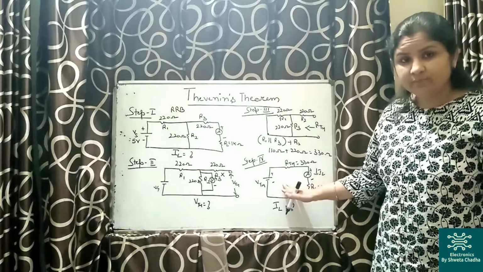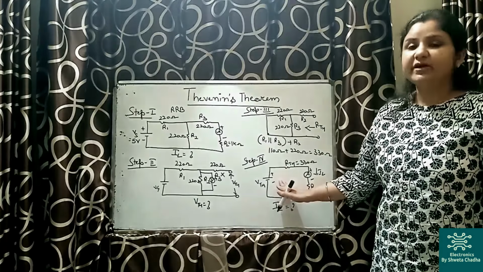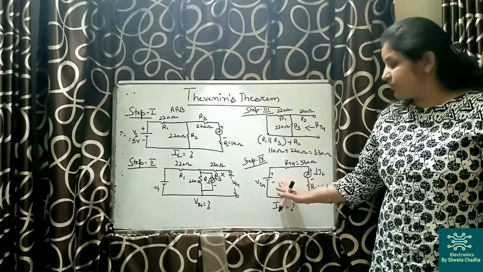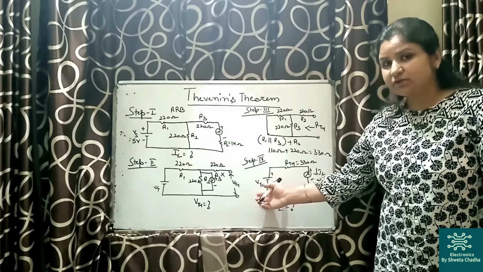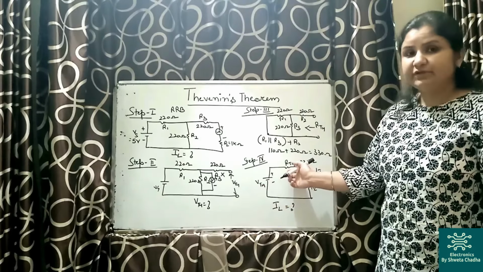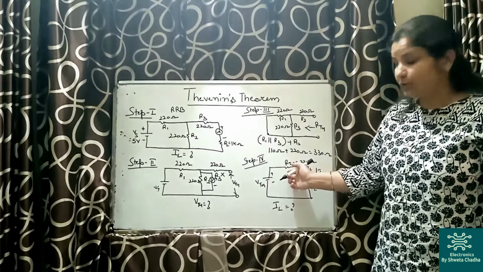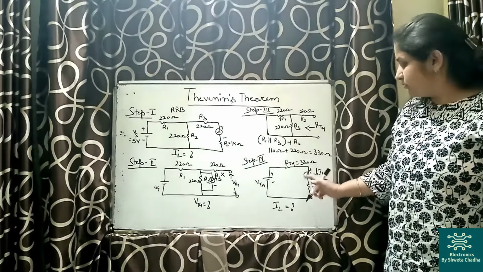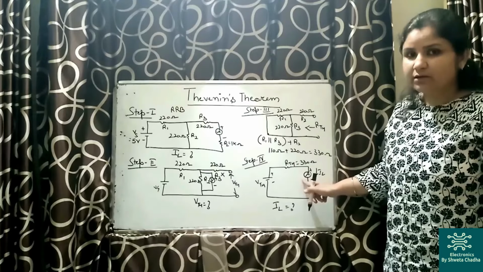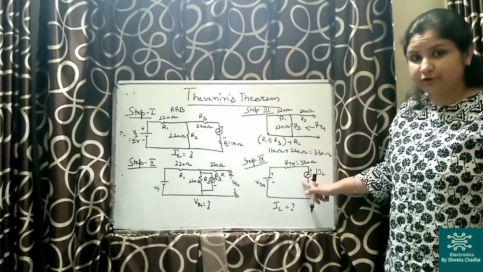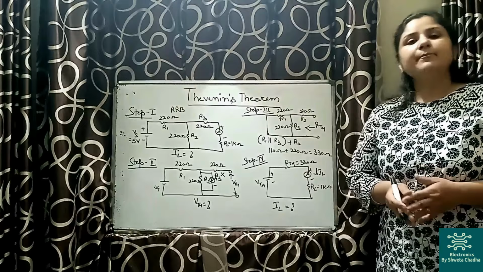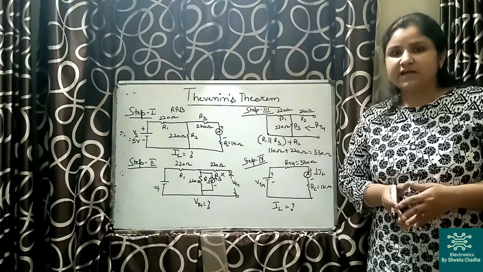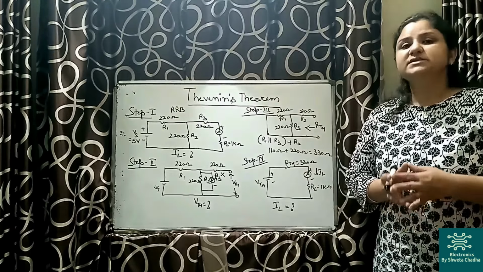The final circuit diagram, step number 4, is Thevenin's equivalent circuit, in which VTH is connected in series with RTH, that is 330 ohm, connected in series with RL, 1 kilo ohm. Obviously, we connect the ammeter in series, because the current remains the same in a series circuit.